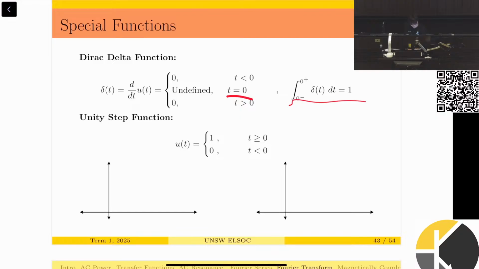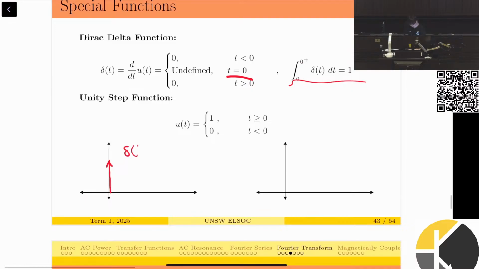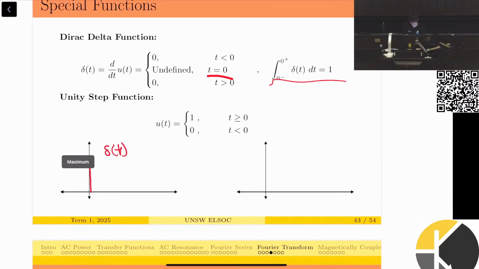So you can imagine if I have a rectangle with an area of 1, and I keep shrinking the bounds inward and inward, like so, while maintaining an area of 1, eventually I will just get a singular peak at the origin with boundaries that are infinitesimally small. So this is what we call our Dirac delta function, or our unit impulse function.